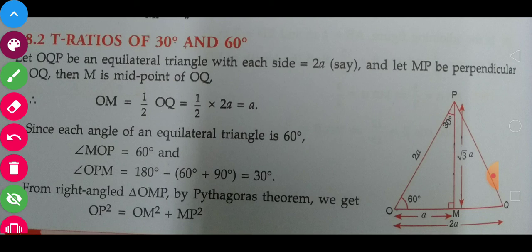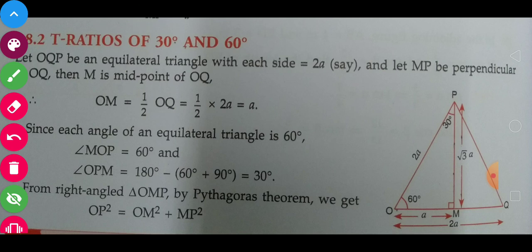And sides, this entire side OQ was 2a, M is the midpoint, so I have OM equal to a, and PO is equal to 2a, because we have taken all the sides of the equilateral triangle as 2a, right? So then let us find this side PM. How do we find this side PM? Use Pythagoras theorem.